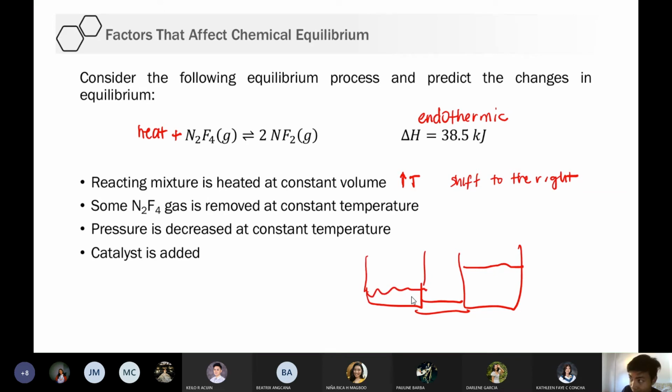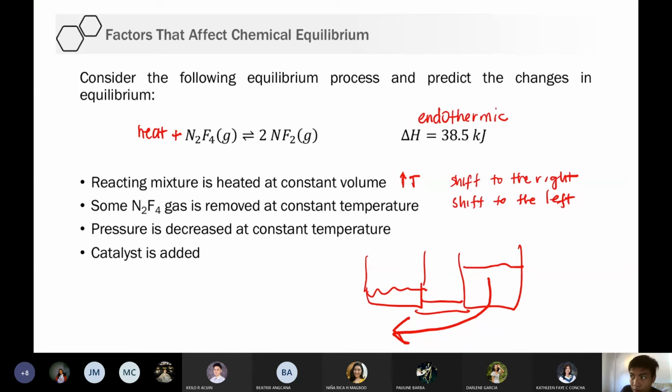Since we have less water on the left side than on the right side, the equilibrium will shift to the left in order to achieve balance. So again, the water bucket analogy will be helpful with the concentration and the temperature changes.